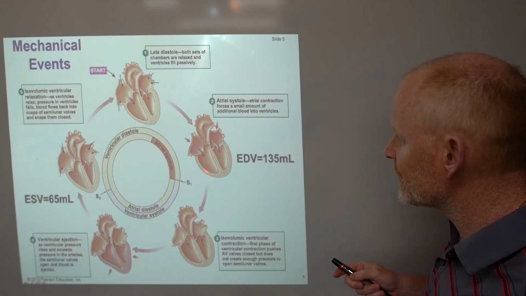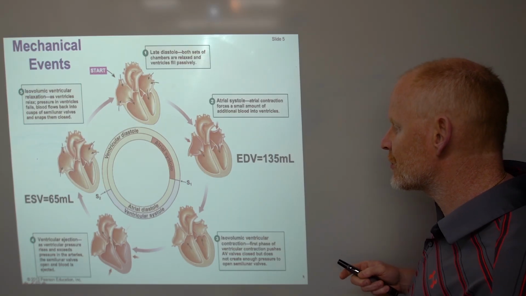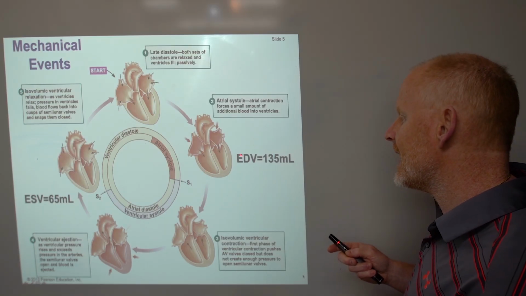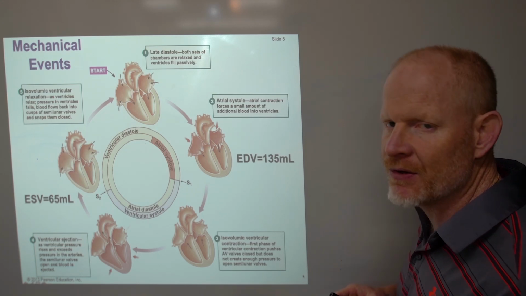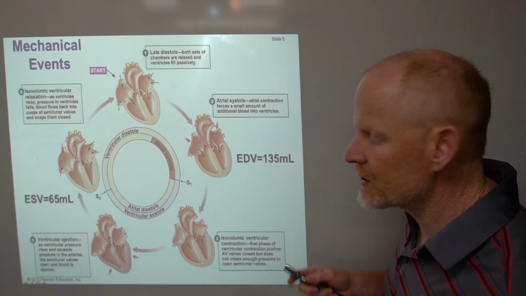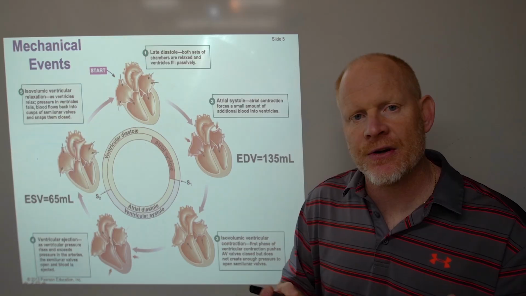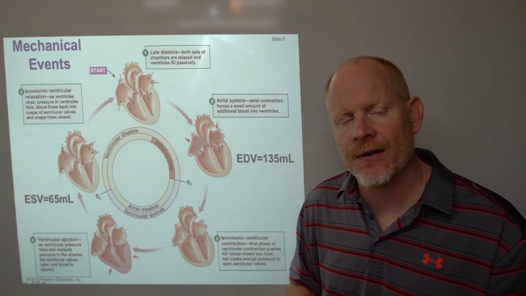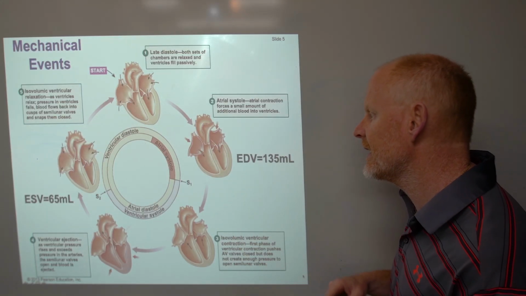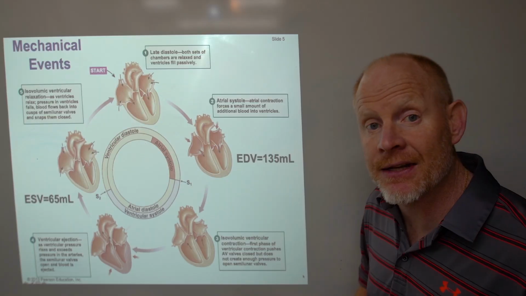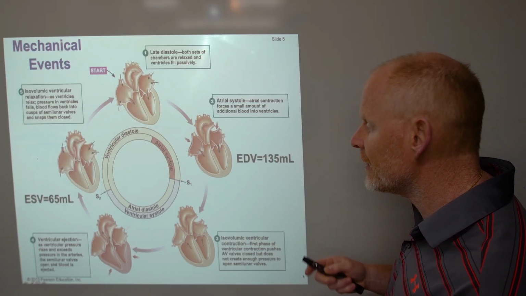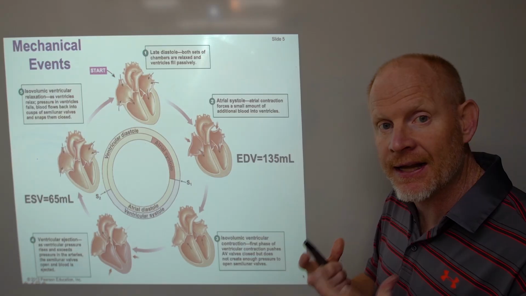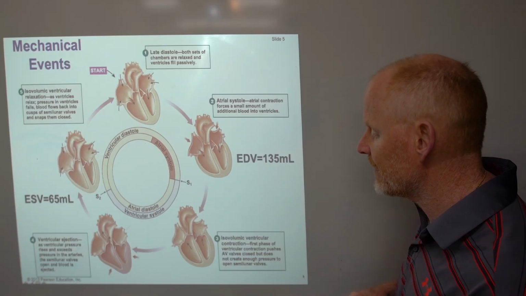Basically, at the end of ventricular rest, right before the ventricles contract, we have an end diastolic volume filling the ventricles of about 135 mils of blood. Each ventricle is holding the same amount of blood, about 135 mils, at the end of atrial systole and at the end of ventricular diastole. End diastolic volume is the volume of blood in the ventricles, 135 mils.